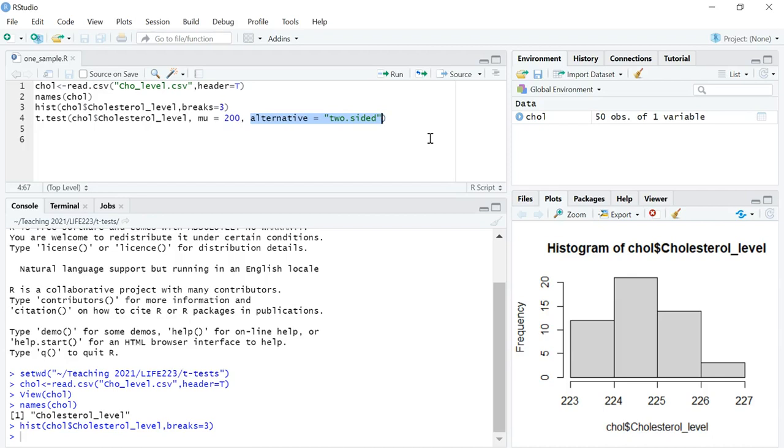However, if we're testing patients where we know that the value could be higher, we might want to be stricter with our test and do a one-sided or one-tailed test, in which case rather than putting in two-sided here, we would put in greater. So have a think about whether you expect it to be greater or lower, or if not, stick to that two-sided or two-tailed test. So I'm going to run this line of code and have a look at what R gives me.